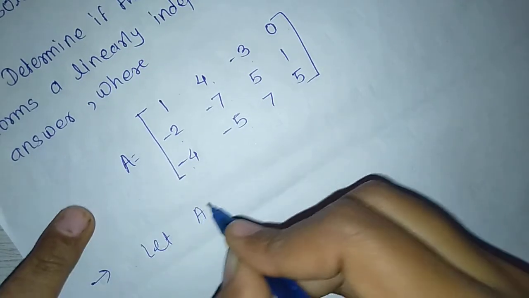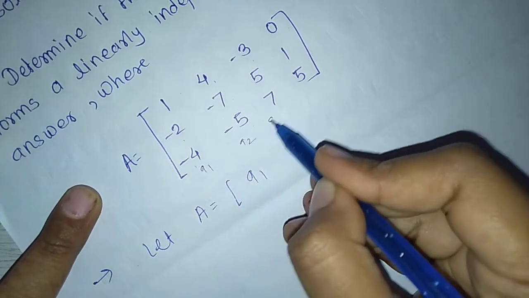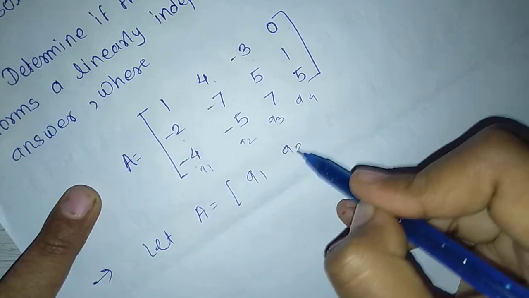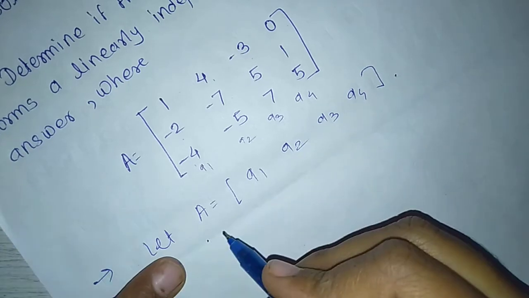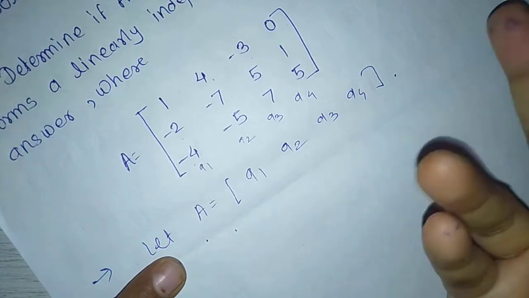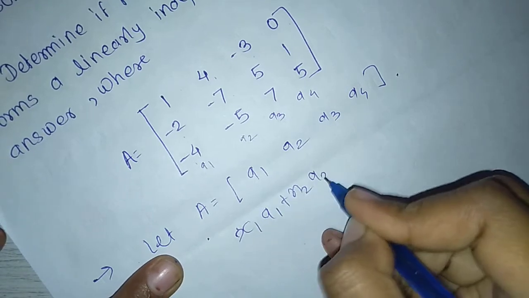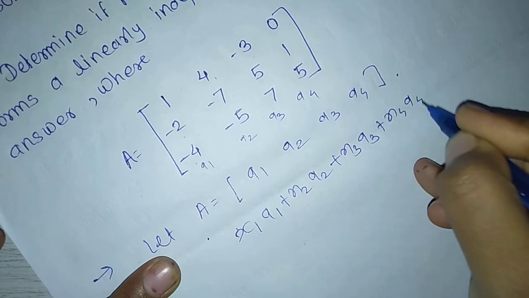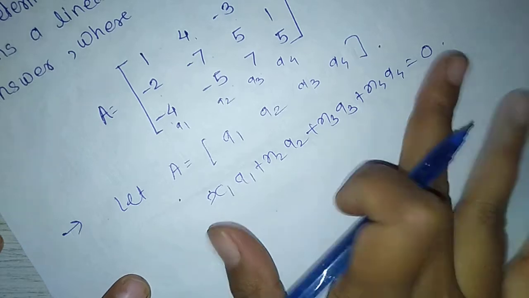Let A equal to, this is the first column, second column, third column and fourth column of matrix A: A1, A2, A3, A4. So A x equal to 0 means x1 A1 plus x2 A2 plus x3 A3 plus x4 A4 equal to 0. This is the homogeneous system.